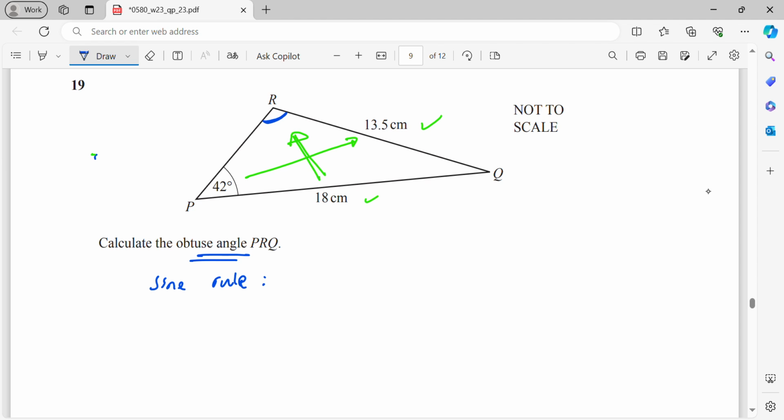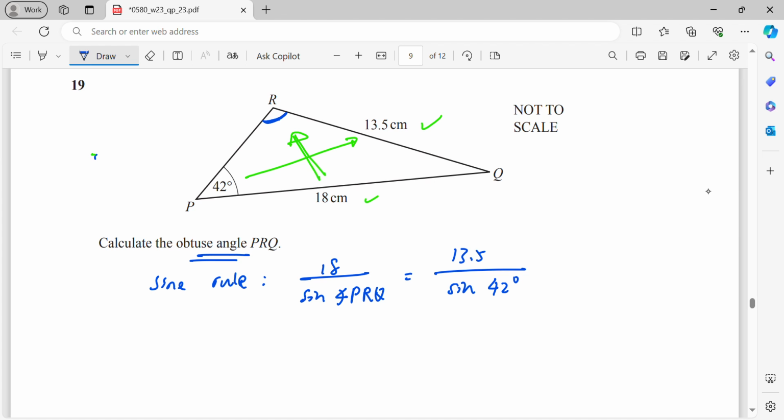From the sine rule, 18 over sine angle PRQ equals 13.5 divided by sine 42 degrees.